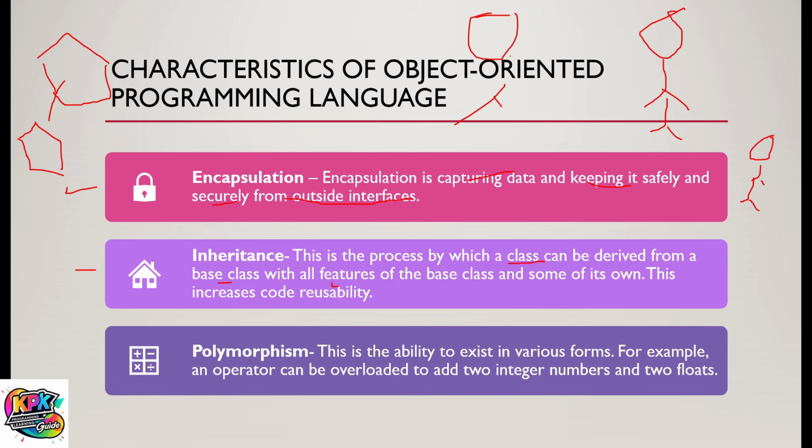So here this same person becomes a father to the child or to the son, and then becomes a husband to the spouse. This same man could even become a son to another man. So the ability for this particular object, or entity or class, to exist in different forms based on different scenarios is what we term as polymorphism.